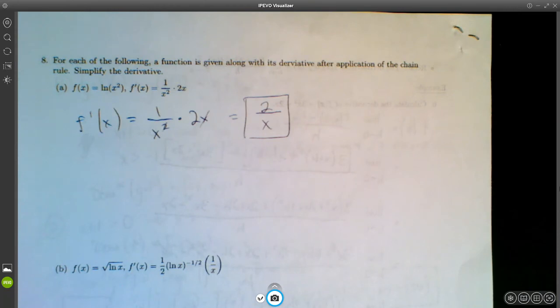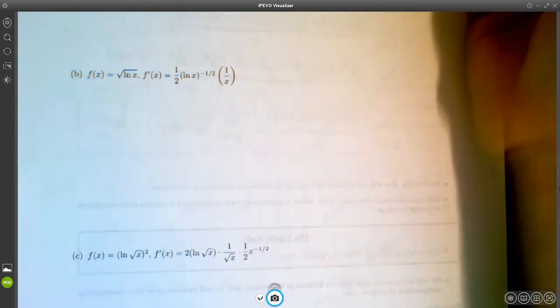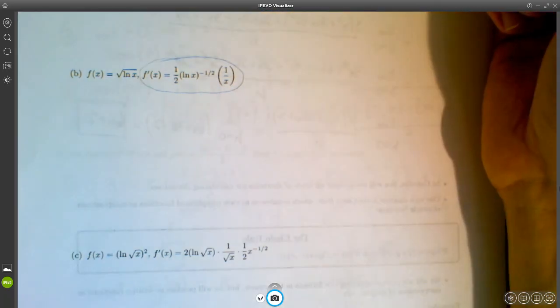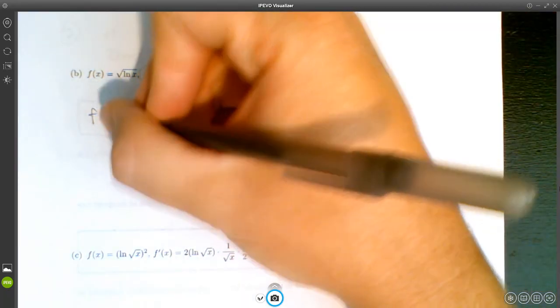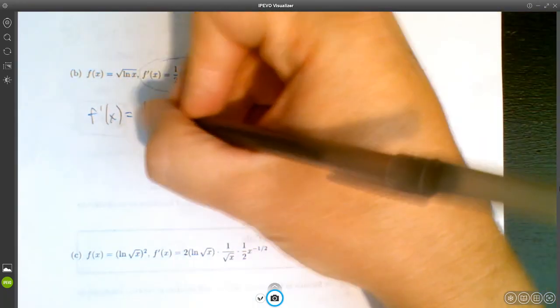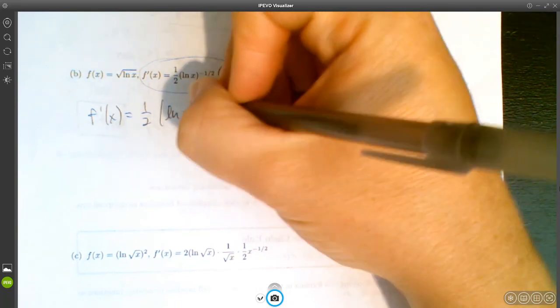Let's do part B. So again, if you apply the chain rule to this function, this is the nastiness that you're going to end up with. Let's see if we can simplify it. So we have 1/2 times ln of x to the negative 1/2 times 1 over x.